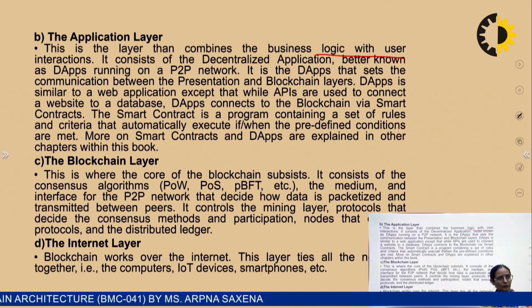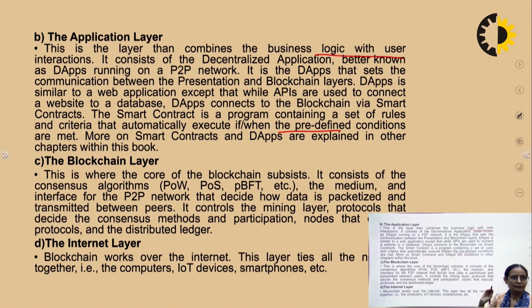What is a smart contract? We have already seen it earlier, but just as a reminder, a smart contract is a program containing a set of rules and criteria that automatically execute when a predefined condition happens in the system.